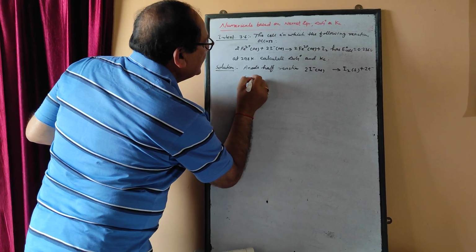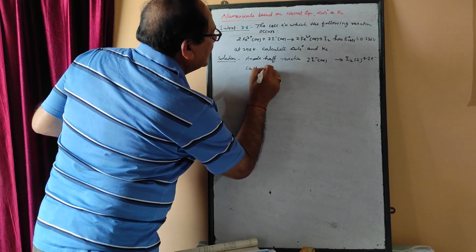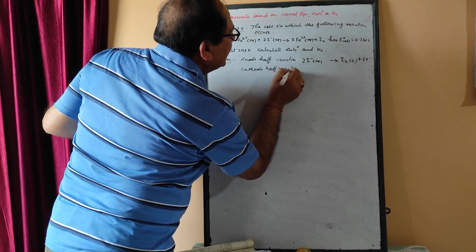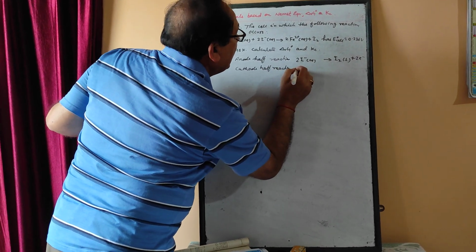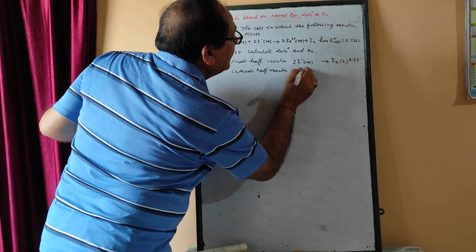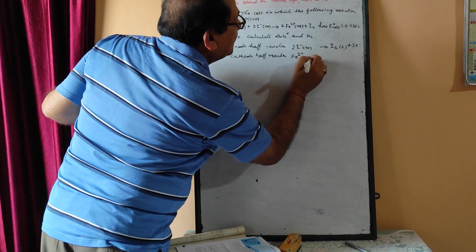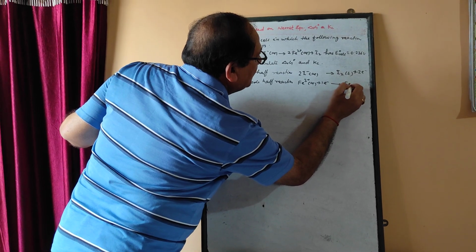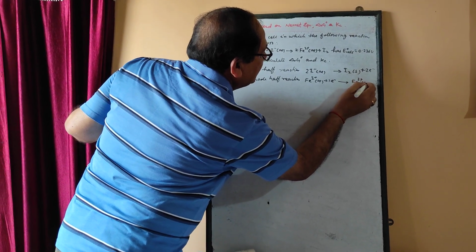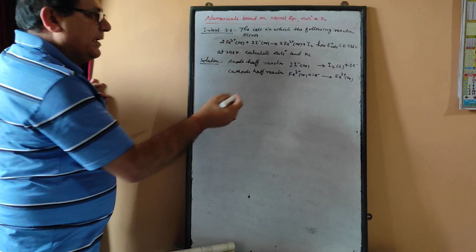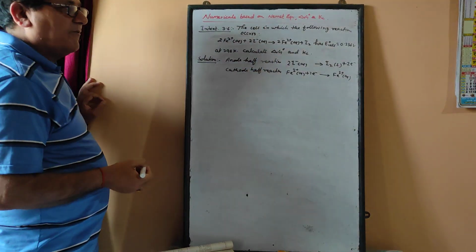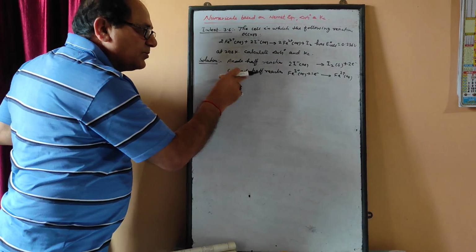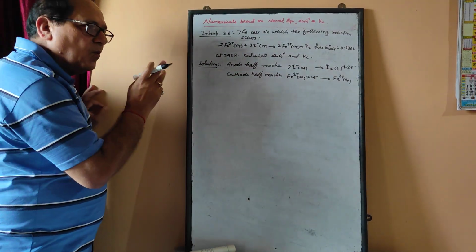Now the cathode half reaction. This will be Fe3+ (aq) plus 1 electron gives Fe2+ (aq). Now, in the anode half reaction there is a loss of 2 electrons, and in the cathode half reaction there is gain of 1 electron.